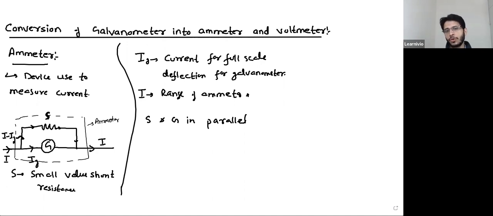Yes, Fatima is correct. Voltage remains the same in parallel. Voltage across the shunt is equal to voltage across the galvanometer.